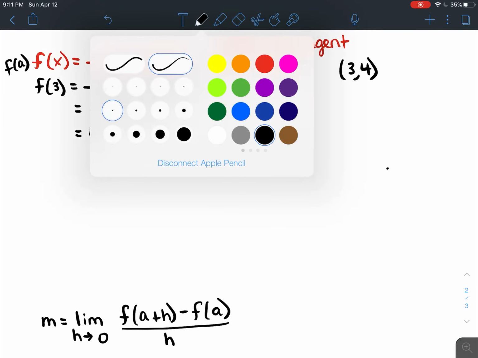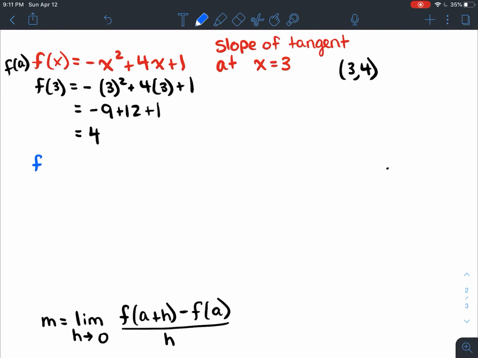Okay, so let's figure out f of 3 plus h first. Basically everywhere you see an x, you're going to replace it with a 3 plus h. So it's going to be negative, and then instead of x, we're replacing it with 3 plus h. Just like in this one, we were trying to find out what f of 3 is, we replaced all the x's with 3's. Now we're replacing all the x's with 3 plus h.